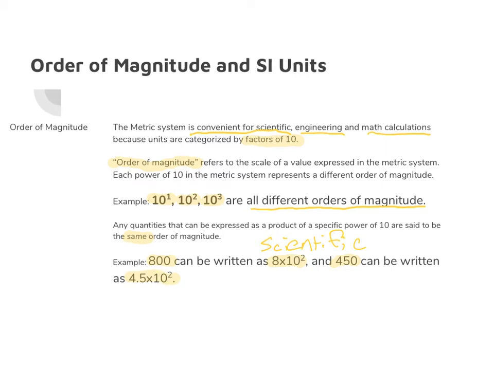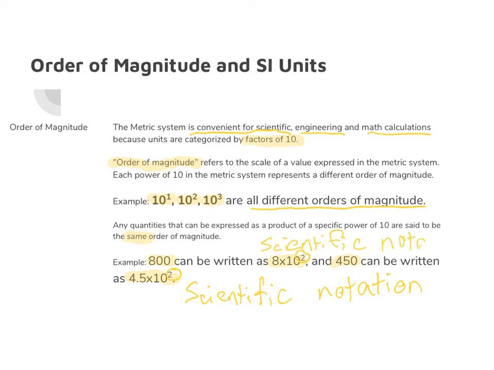Notice the 10 to the 2. That is the order of magnitude in scientific notation. This indicates to us that 800 and 450 are in the same order of magnitude.